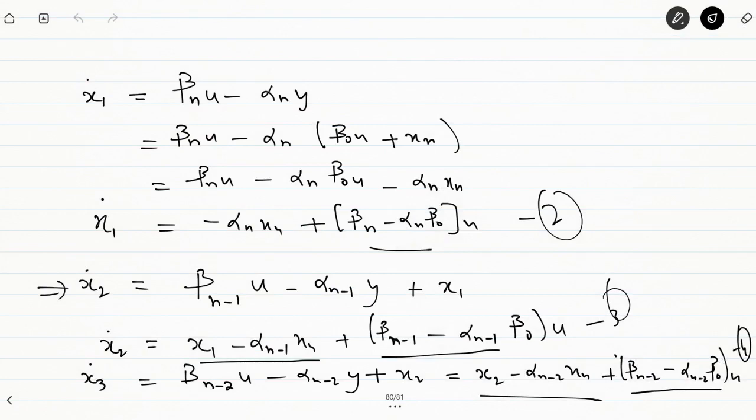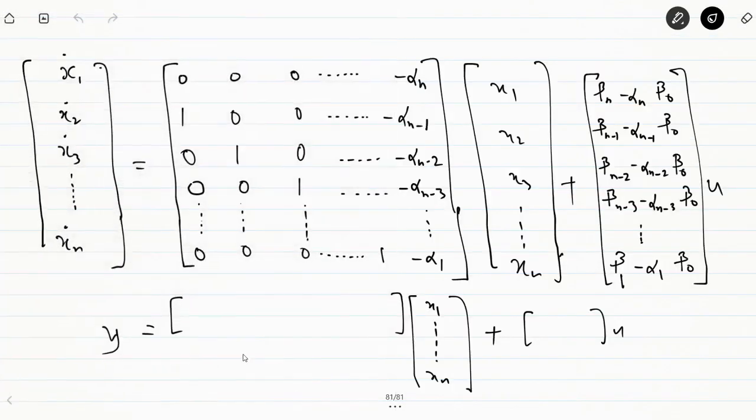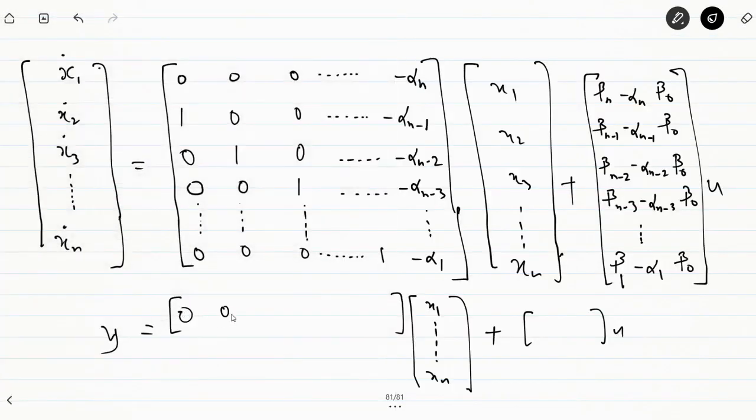Y is equal to beta naught u plus xn. That means 0 x1, 0 x2, 1 times xn plus beta naught times u. So this is your second companion form.